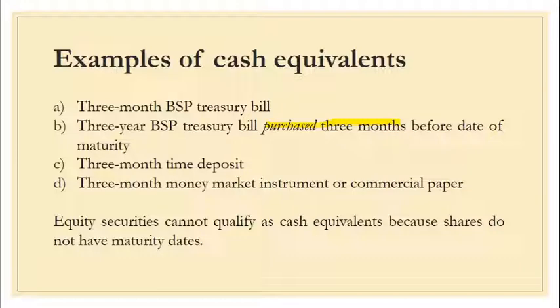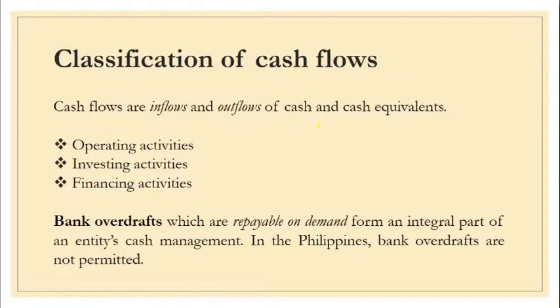Now, let's talk about the classification of cash flows. As mentioned, when you say cash flows, it talks about your cash inflows or your cash receipts and your cash outflows or your cash disbursements or cash payments. That is why the statement of cash flows relates to the inflow and outflow of your cash and cash equivalents.